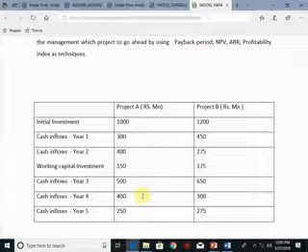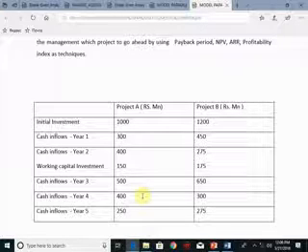Second year 826. 124 minus 155. Present value. So all the cash inflows and the outflows, we consider all, right?